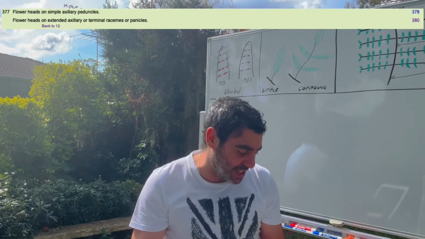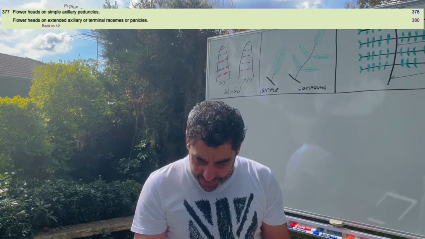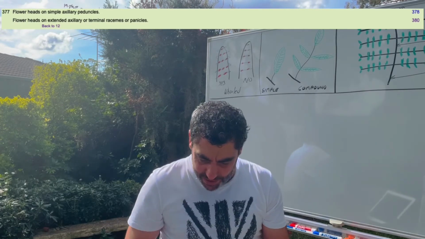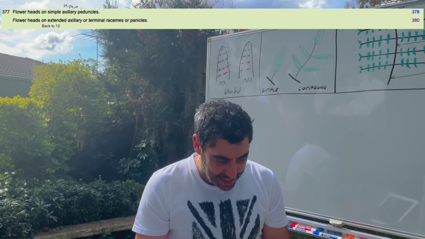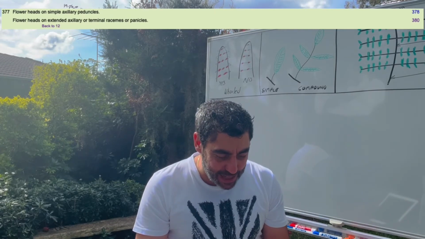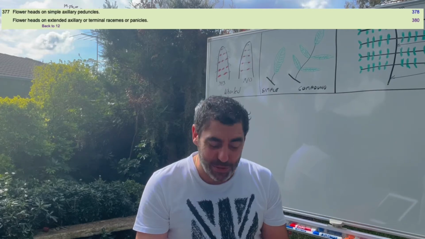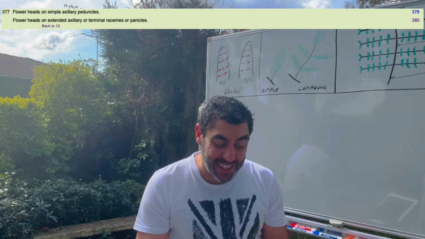So we're going to 377. Flower heads on simple axillary peduncles, or flower heads on extended axillary or terminal racemes.